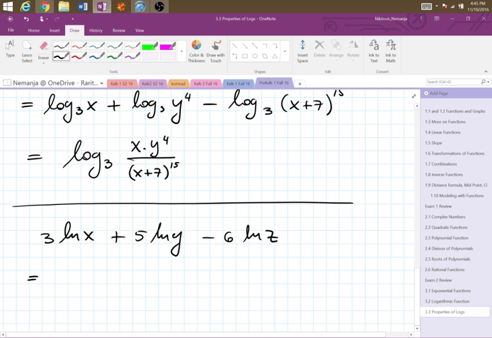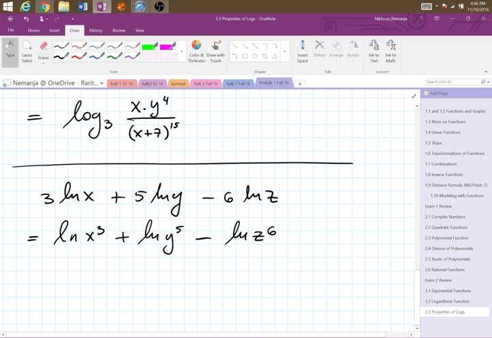Do we have to convert to log? Nope. We can leave it as ln. What's the first step? You have to move those numbers over. Move the numbers in. That's good. ln x cubed plus ln y to the fifth minus ln z to the 6. You got it. Final answer.